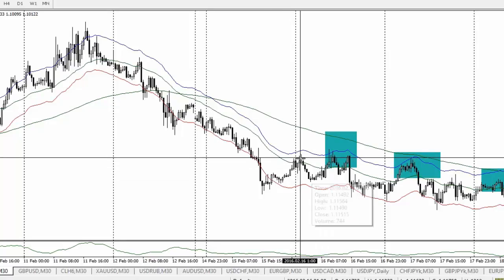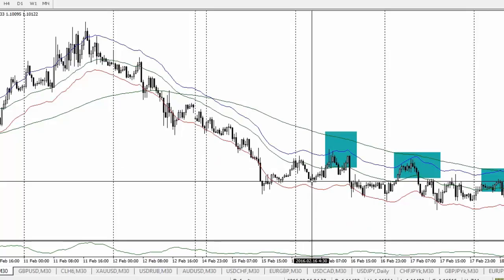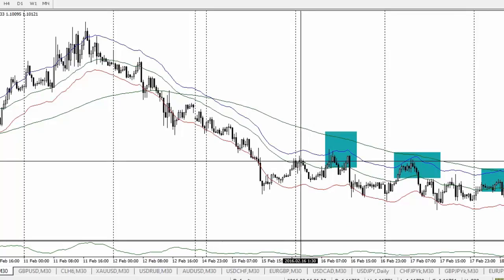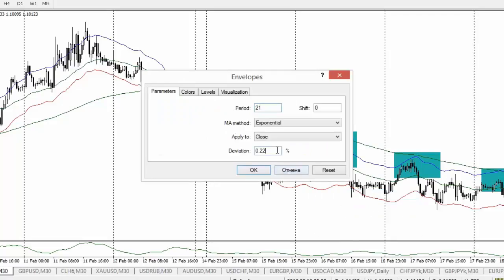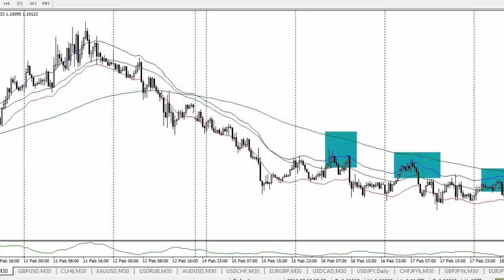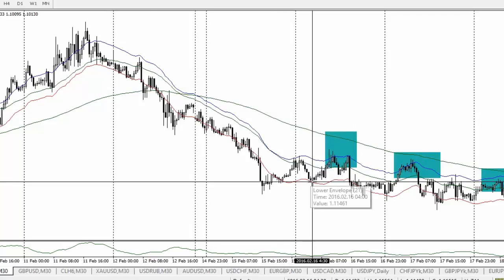I want to change the parameter of deviation, aligning it with a new low. For example, on February 16th we had an Asian low, so we have to change the parameter of deviation. For example, let it be 15. Okay, 15 is okay here. It works.